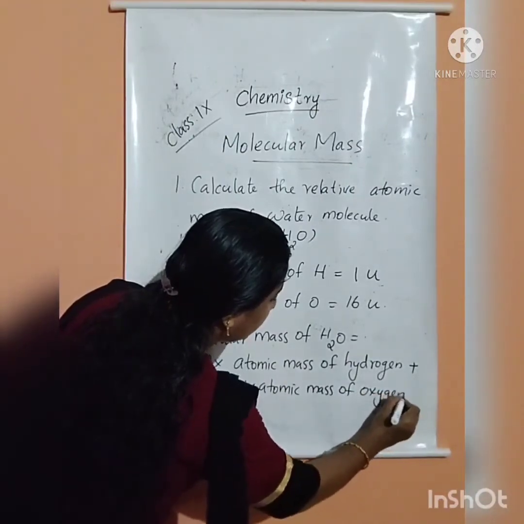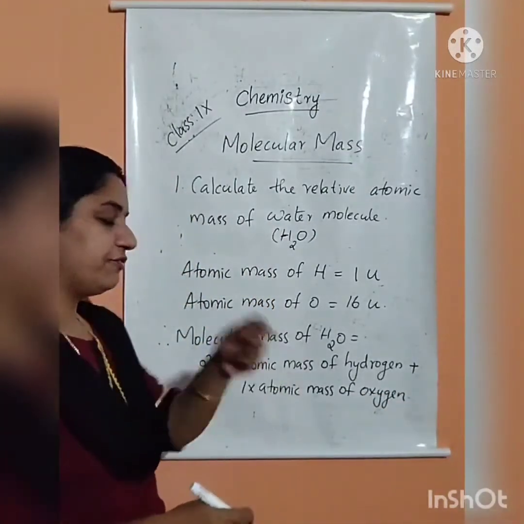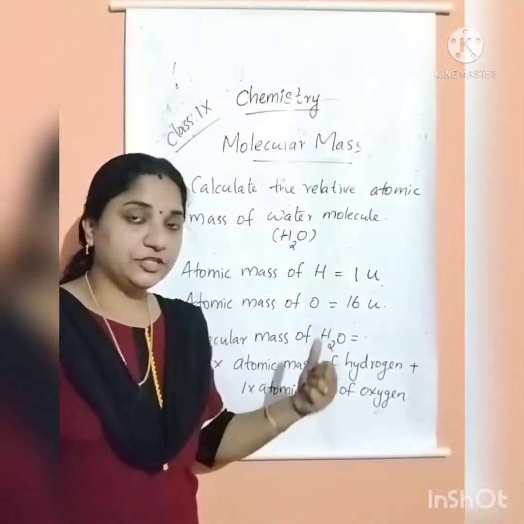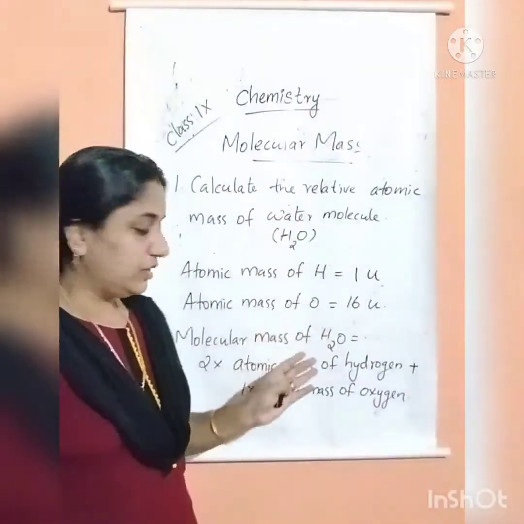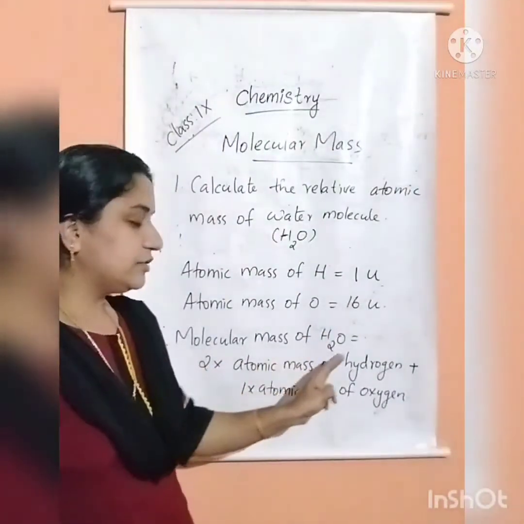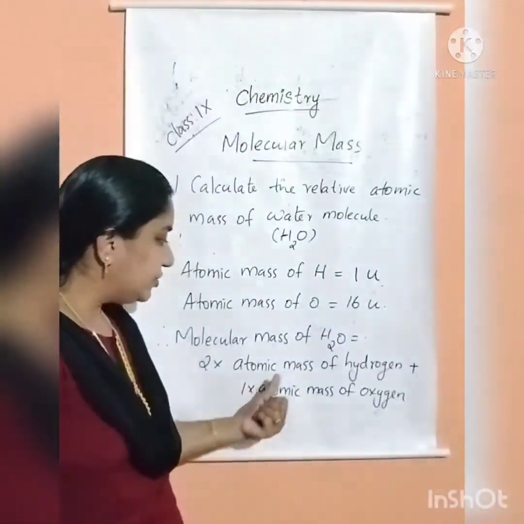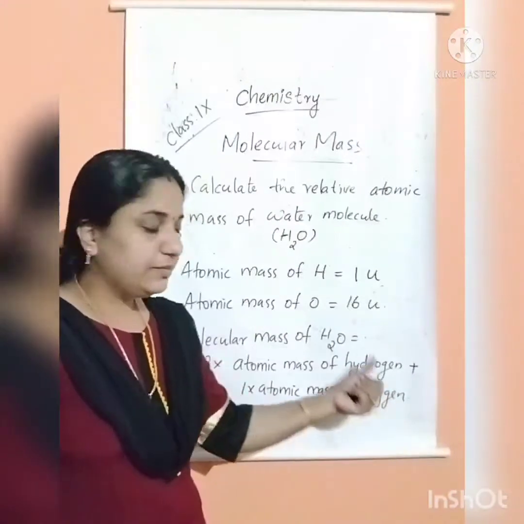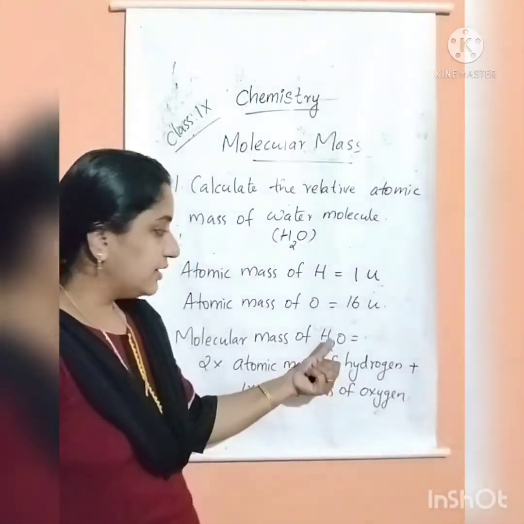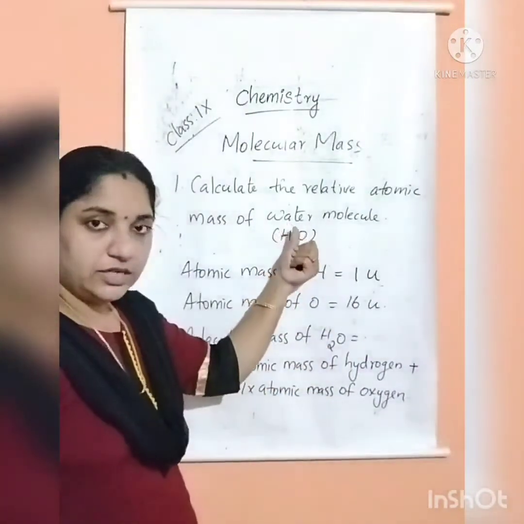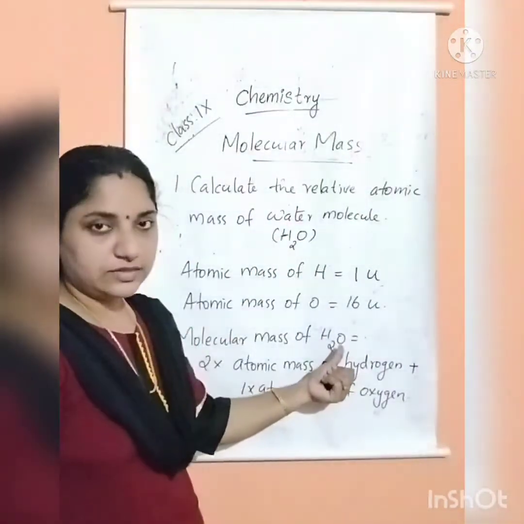It is the molecular mass, meaning it is the sum of the atomic masses of all the atoms present in a water molecule. 2 into atomic mass of hydrogen plus 1 into atomic mass of oxygen, because here 2 hydrogen atoms are contained in a water molecule and only 1 oxygen atom.